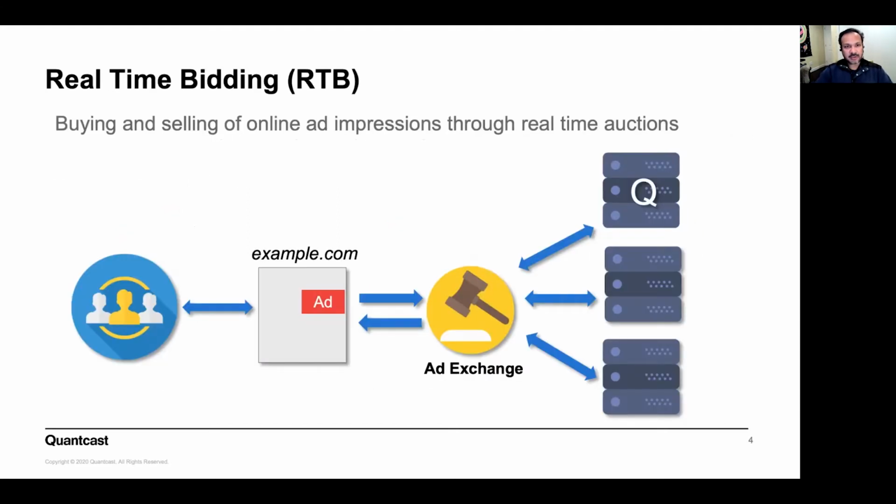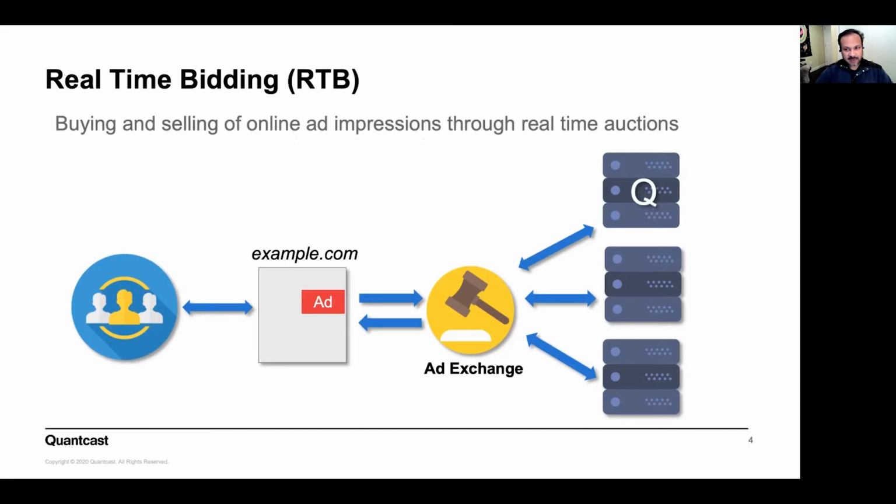A little bit about how real-time bidding works. So when a user loads a web page, there can be an ad opportunity on that web page. The ad opportunity is managed by an ad exchange. The ad exchange fans out this request to multiple ad providers.